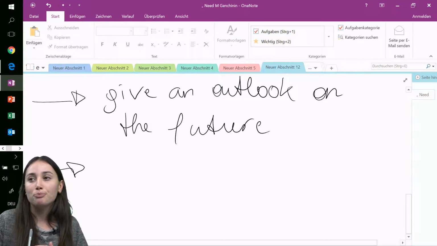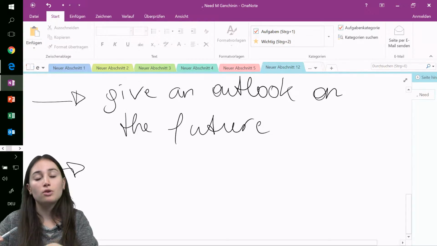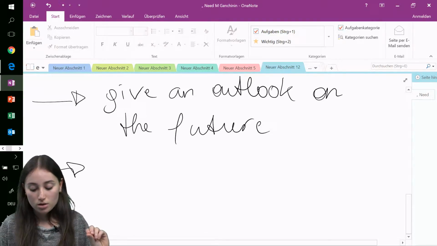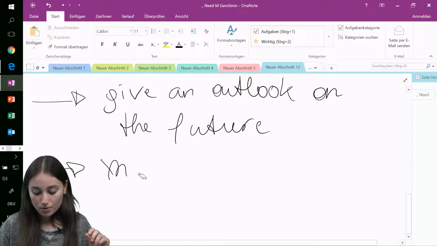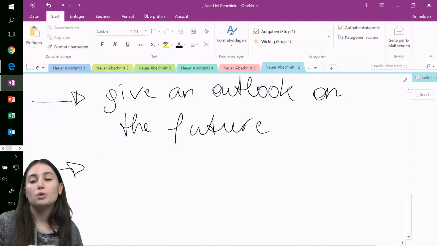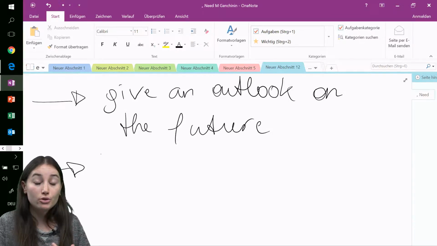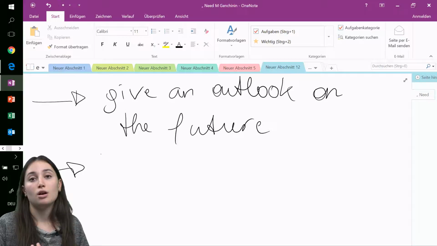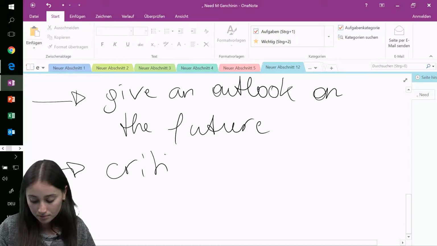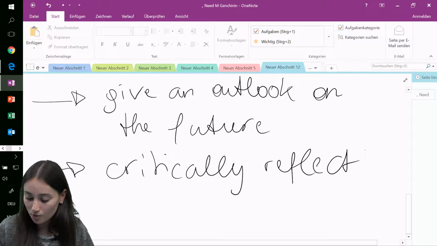So you could also lead your listeners into the direction where they really critically reflect on something, by posing a question which should lead the listener to really critically reflect on something and to question something which is considered a norm, for example.